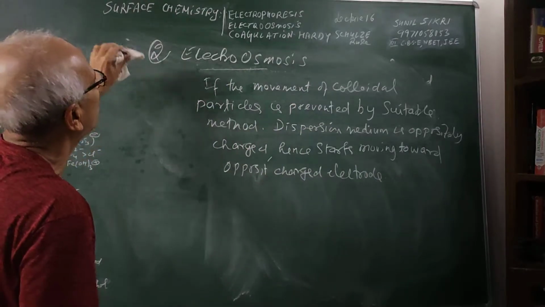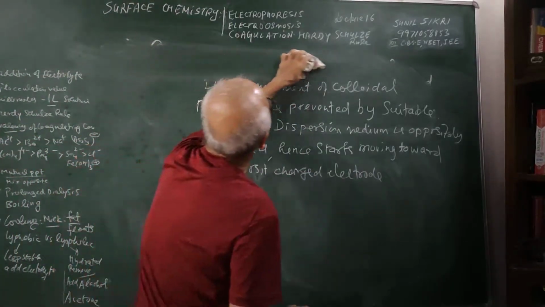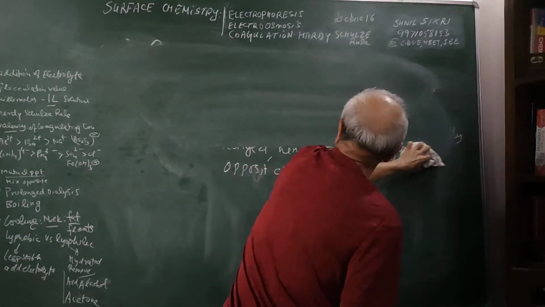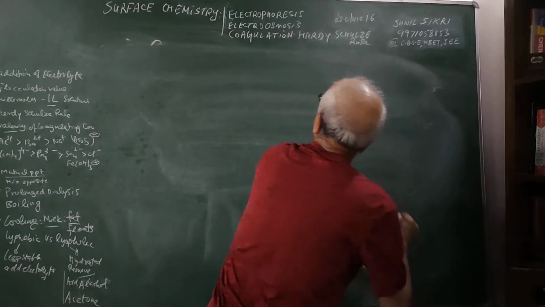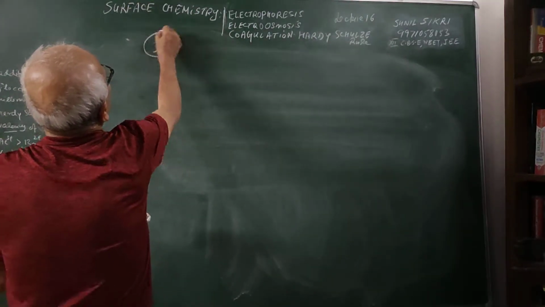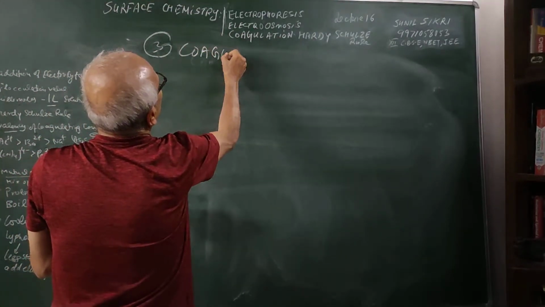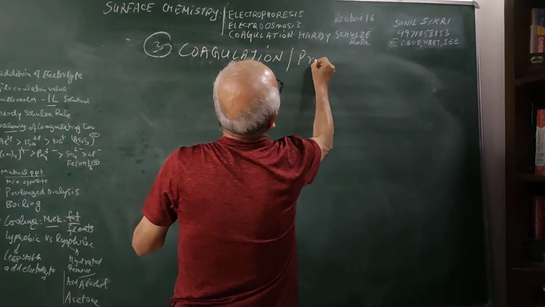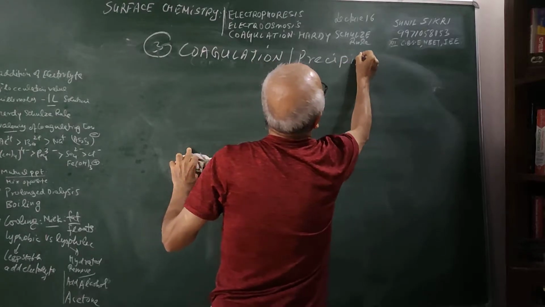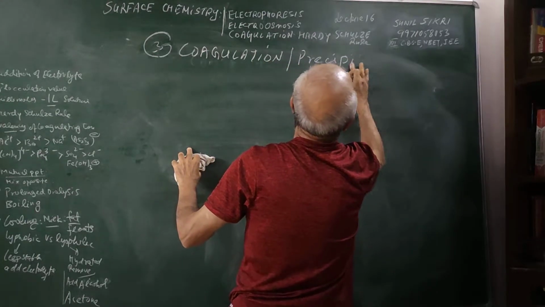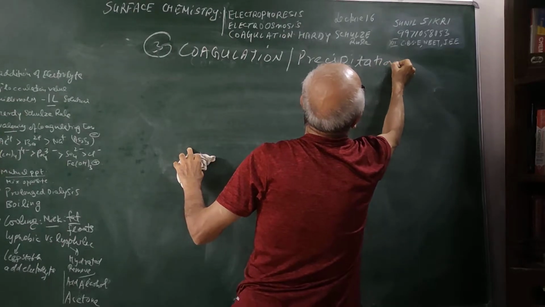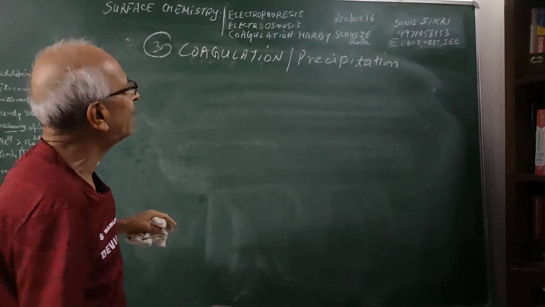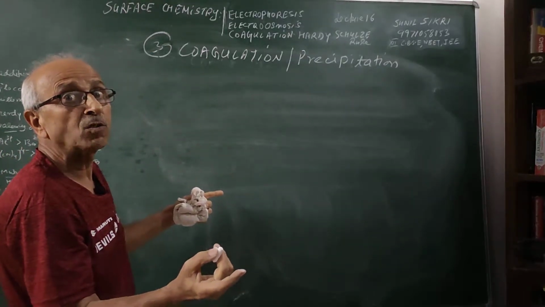This is called electroosmosis. Now I'm coming to the most important part, which is the topic of the day today, students. What I am talking is the third, coagulation. This is also called precipitation. Colloidal particles are small particles, the size of which is 1 to 1000 nanometer.